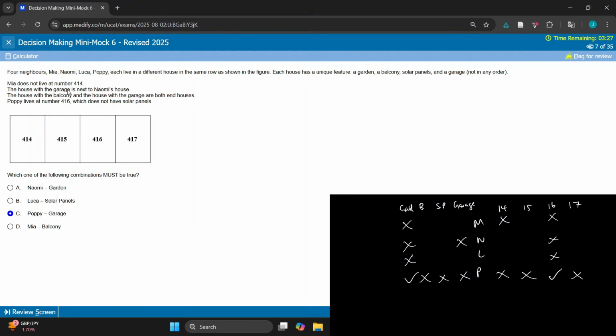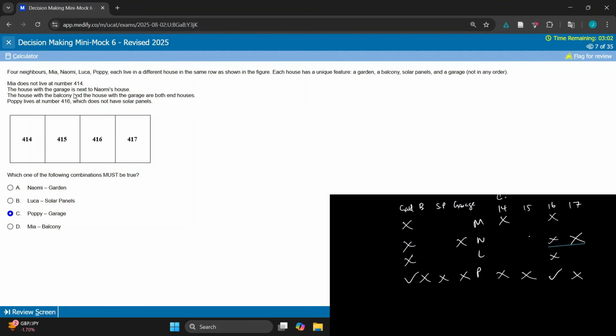Naomi's not 16. So she can't be at 17 because it's the house of the garage that's at 17 and P has a garden, so she's not at 17. So she's one of these two. And we know the house of the garage is an end house, so the house of the garage must be 14, I believe. And so therefore Naomi must be in 15.